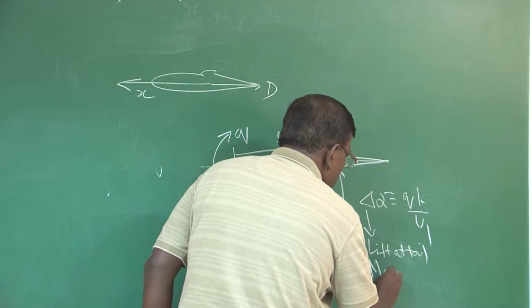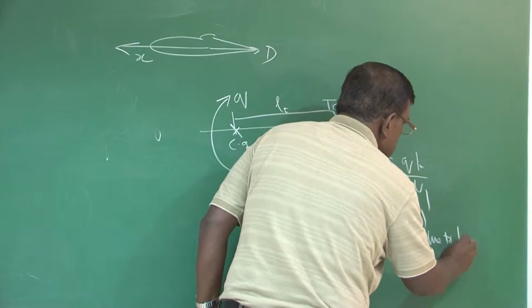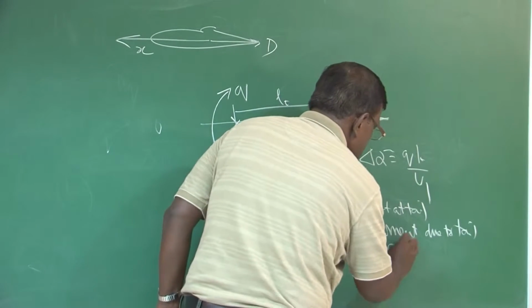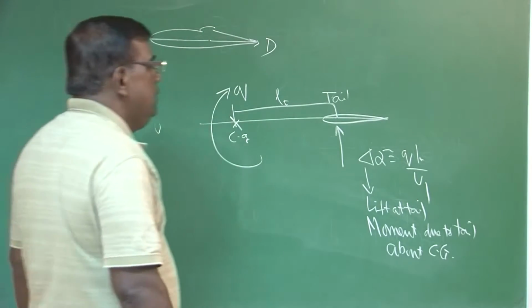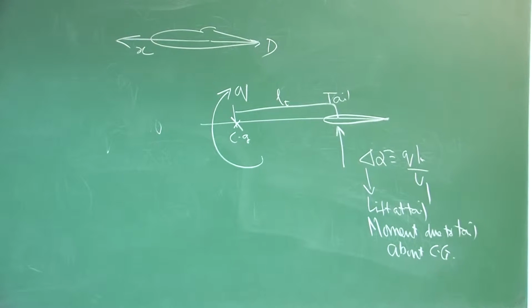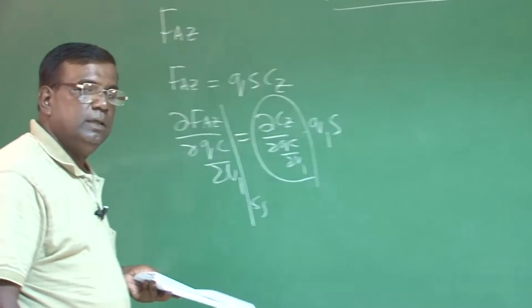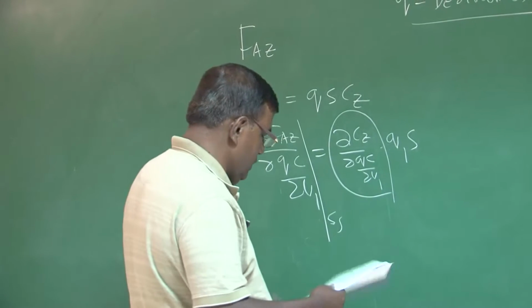Also, it will give moment due to the tail about CG, because for us moment about CG is extremely important for analyzing its response. With this understanding, we have a clear-cut indication that this is one of the important derivatives. So, let us evaluate this.